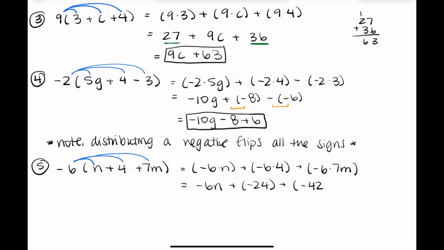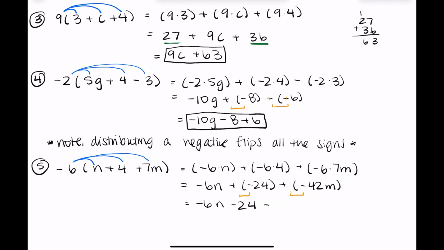So when we do negative 6 times n, we end up getting negative 6n. For negative 6 times 4, we get negative 24, so we get negative 6n plus negative 24 plus negative 6 times 7m gives me negative 42m.